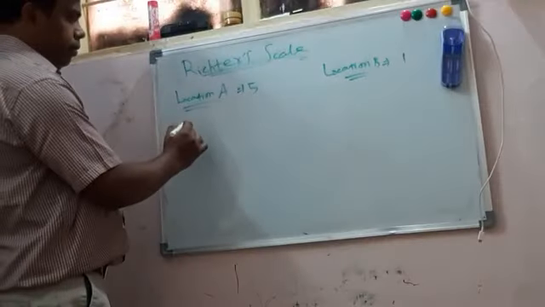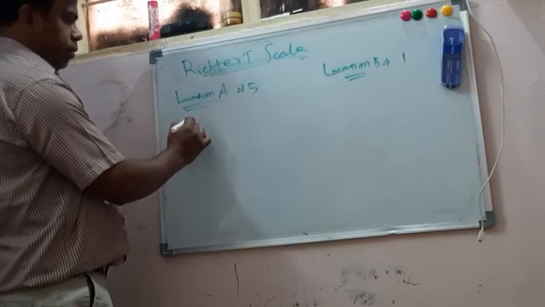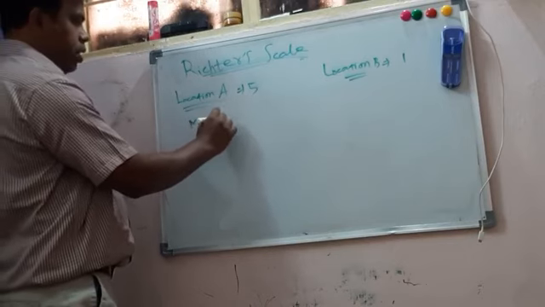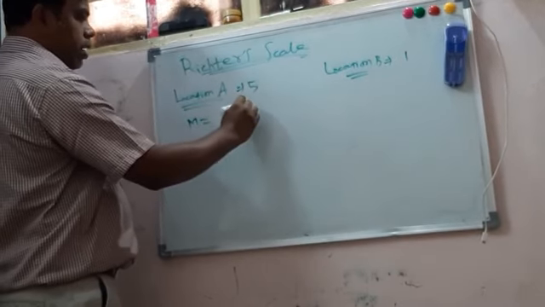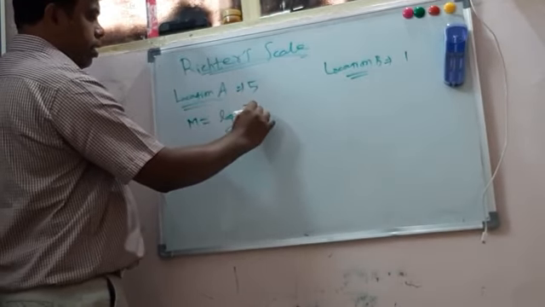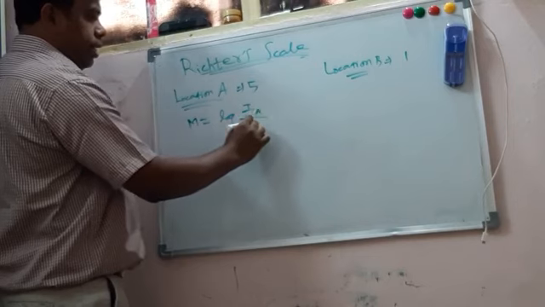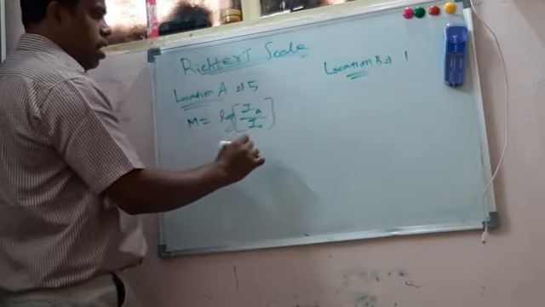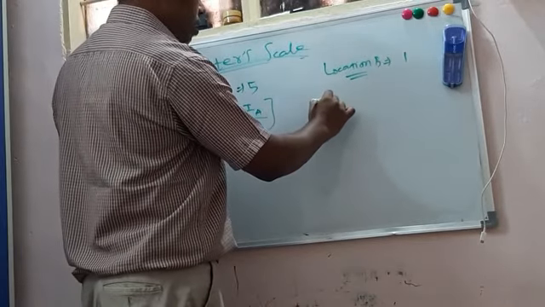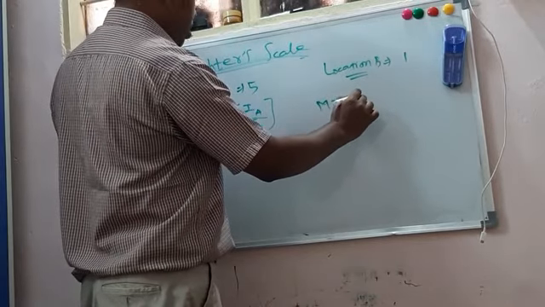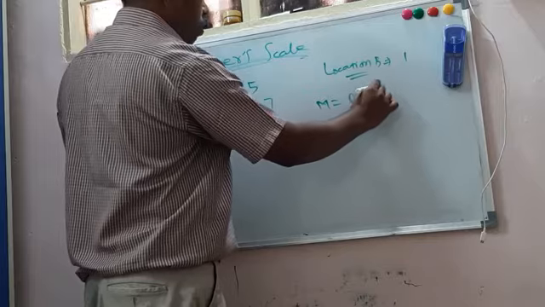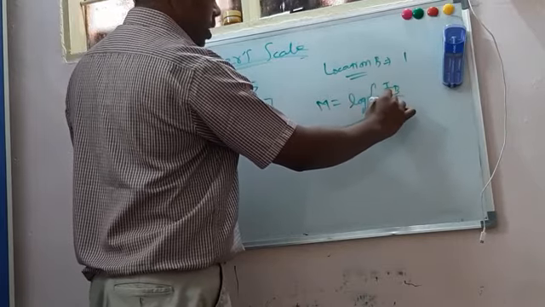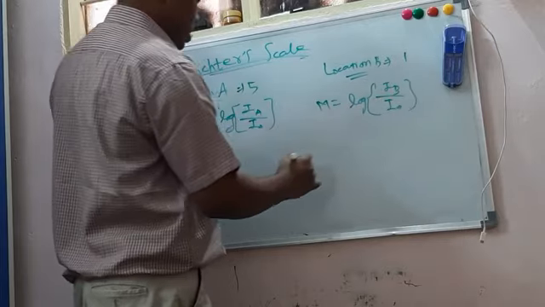So magnitude equals log of the intensity at location A divided by the minimum intensity, and in this case, the magnitude at B equals log of the intensity at B divided by the minimum intensity.